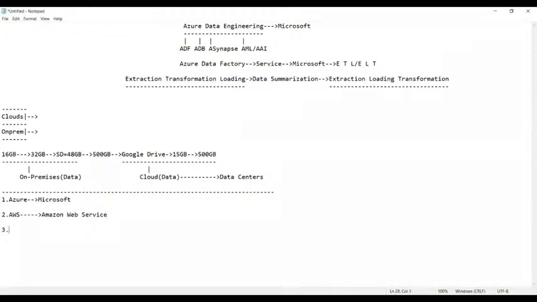Then the third one is GCP, Google Cloud Platform, which is provided by Google. Apart from this, we also have SAP, which has come out with its own cloud offering.